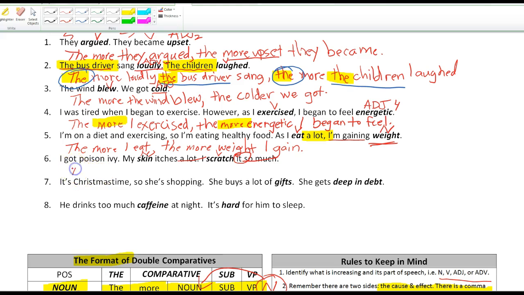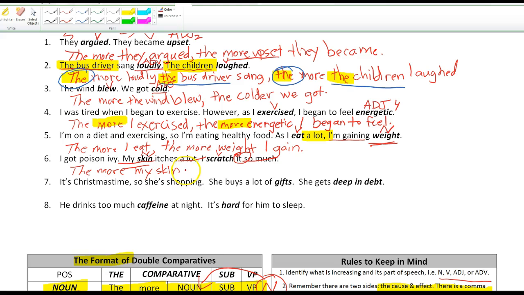Okay, so the more. I am surprised I wrote this. No, it's okay. Okay, the more my skin, and we have to keep my and skin together.